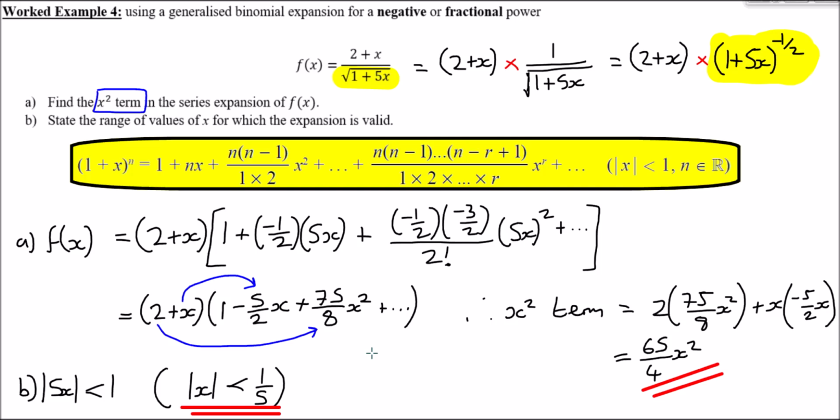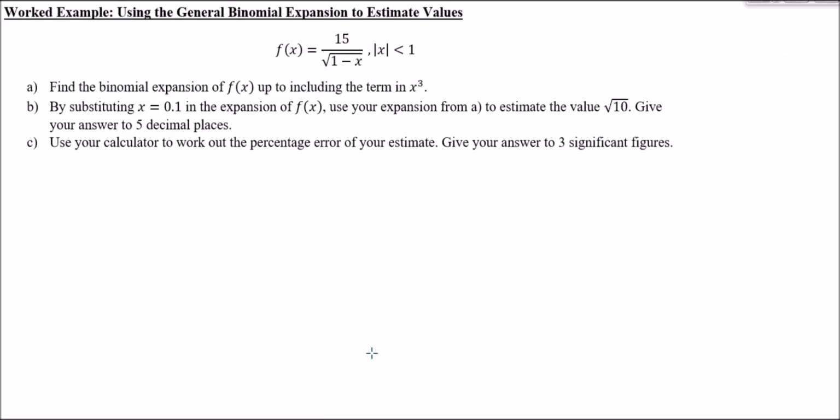So let's have a look now, worked example 5 in a sense. How can we use a binomial expansion to estimate values? Here we've got f of x, which is 15 over the root of 1 minus x. Firstly, we need to find the binomial expansion of f of x up to the terms in x cubed.